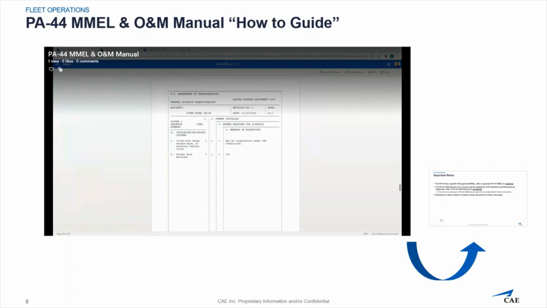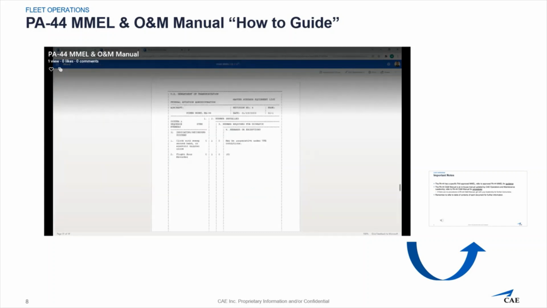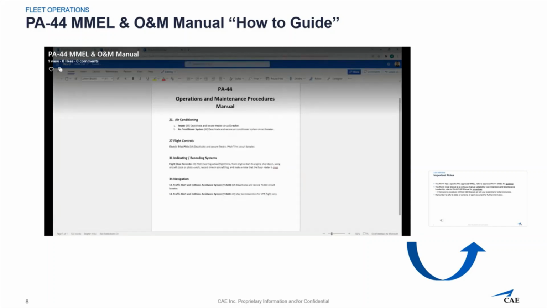Hello everyone, in this video I will demonstrate how to use and refer to both the MMEL and O&M procedures manual. As you can see here, I have the MMEL open, the PA44 specific MMEL e-version, and I have the PA44 operation and maintenance procedures. Please note the O&M procedures manual is updated by operations and maintenance leadership in accordance with the MMEL.